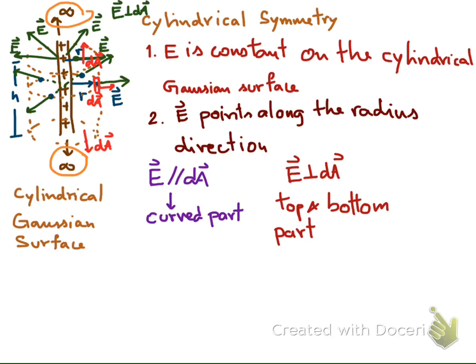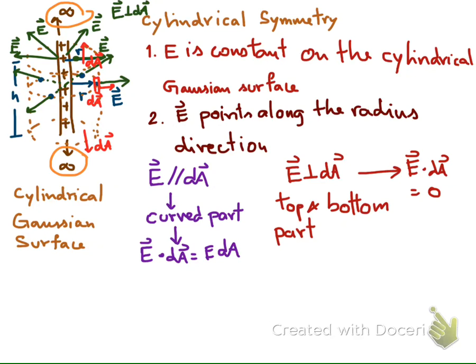So in this part, we must have that E dot dA is equal to 0, while in this part we have that E dot dA is equal to E dA.